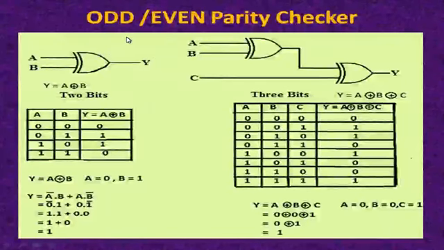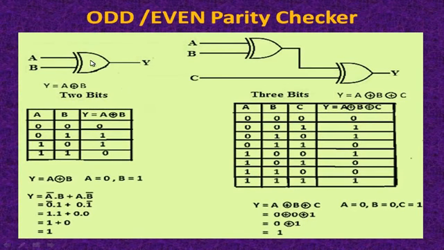Now let us study odd even parity checker. In the previous lecture we have studied basic XOR gate using two inputs. As it has two inputs, four possible combinations are there, and we know the equation for the output, that is the Boolean equation Y = A XOR B. And we can write this equation in detail: Y = A complement dot B plus A dot B complement.